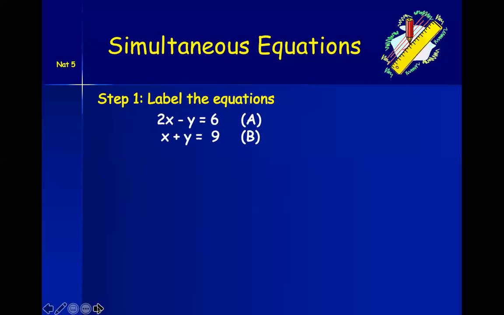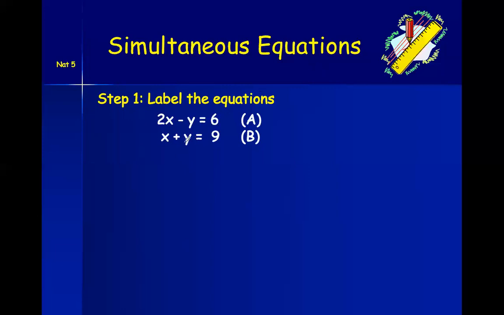So if I do 2x plus x, what do you get? 2x add on 1x, 3x. Now if I do minus y plus y, what do I get? 0.